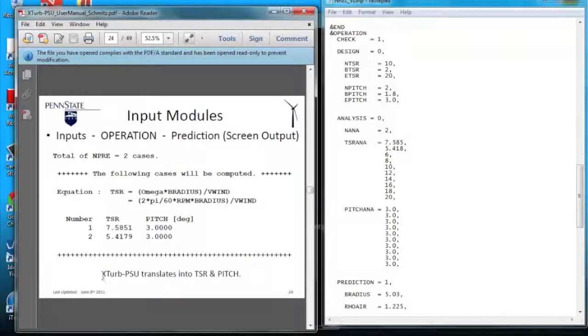And that's just what's noted here on the bottom. XTurb does that for you. So in the end, the computational model anyway uses only tip speed ratio and blade pitch, but the user has some flexibility in giving his or her input the way it best suits the user and the application you're looking at.